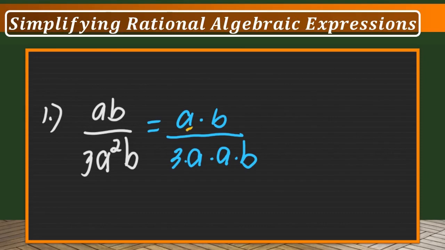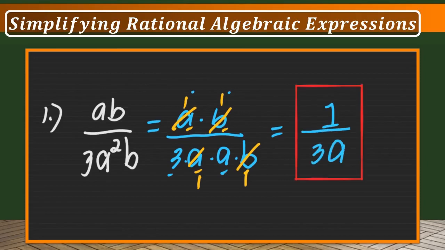Now, a as well as b are common factors, so we can divide them directly. a divided by a is 1, b divided by b is 1. So therefore, the answer is 1 times 1, that is 1, over 3 times a, that is 3a. And that's it.